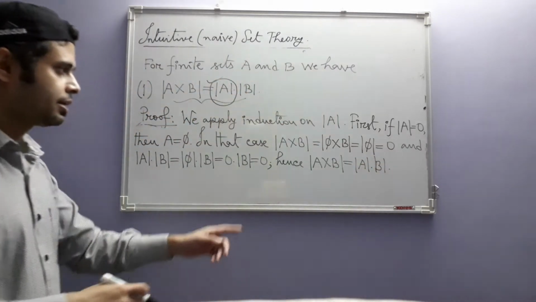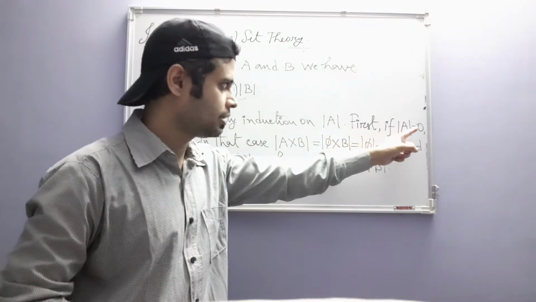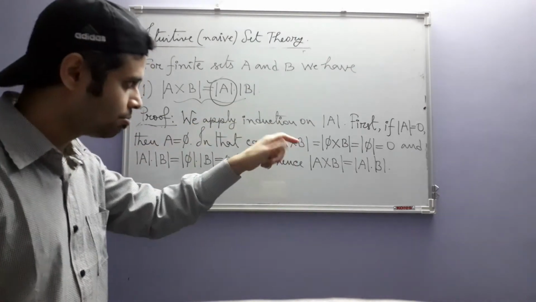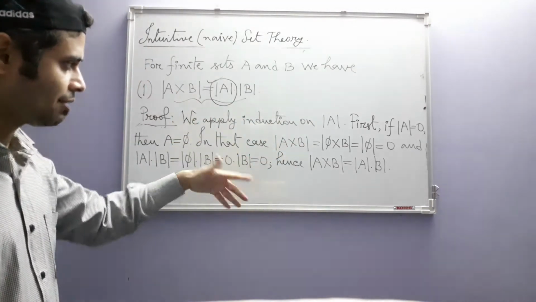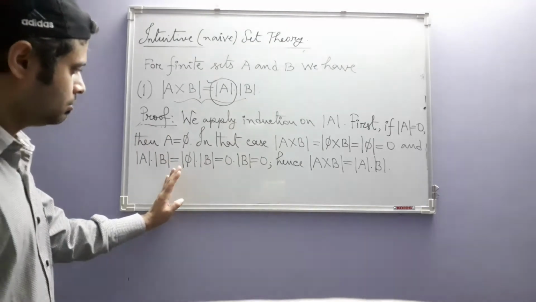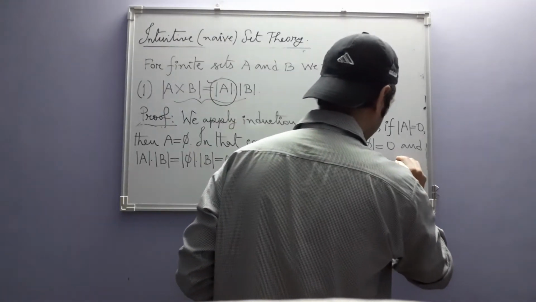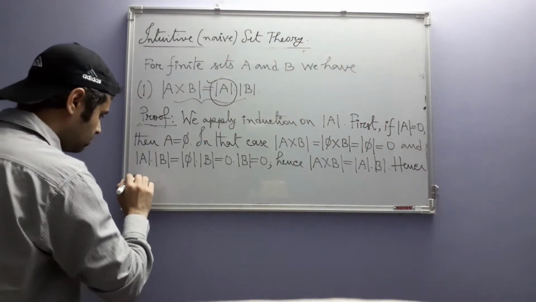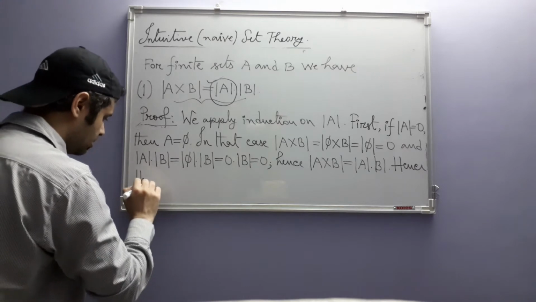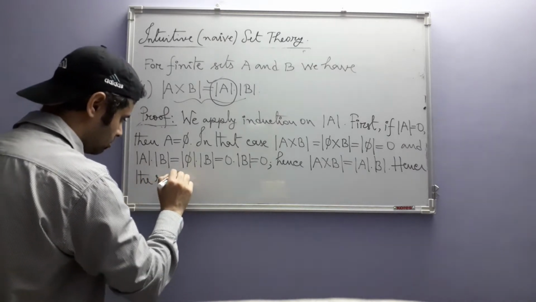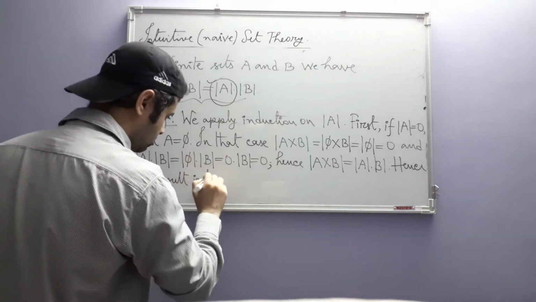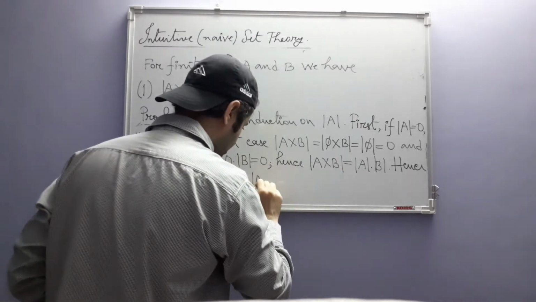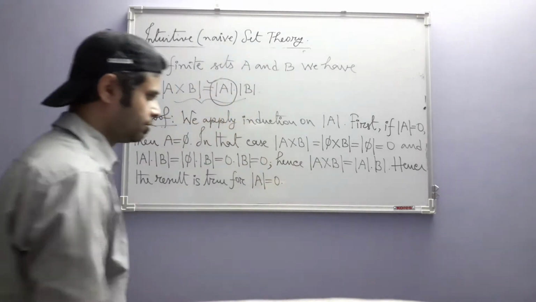So at least in the case where cardinality of A is 0, this formula is true, which means that 0 belongs to that set S. Although we haven't written any S here, we just write: hence, the result is true for cardinality of A equal to 0.